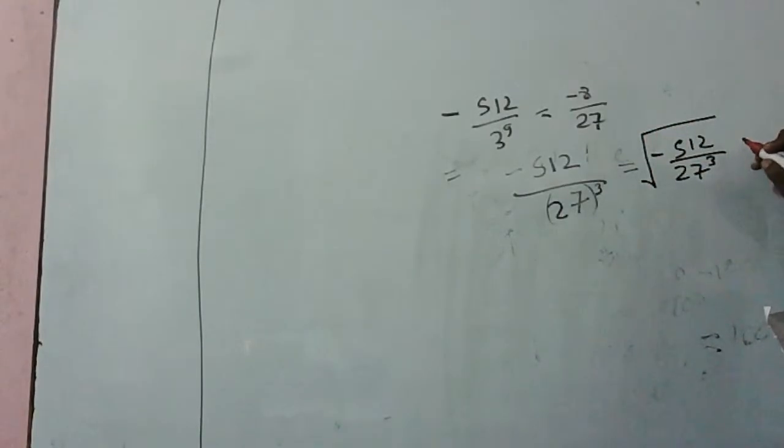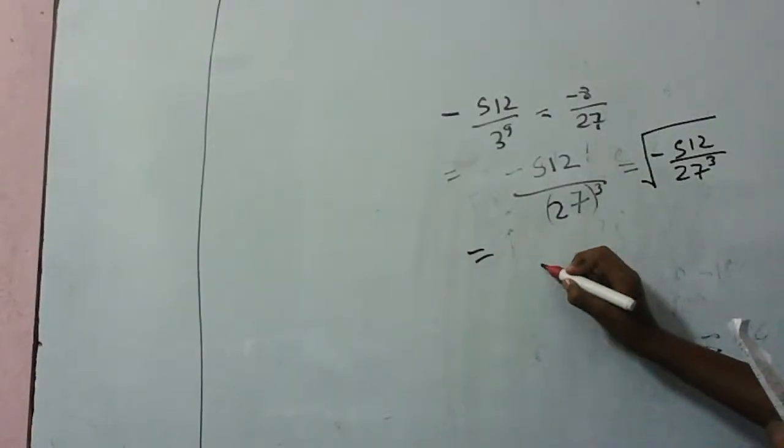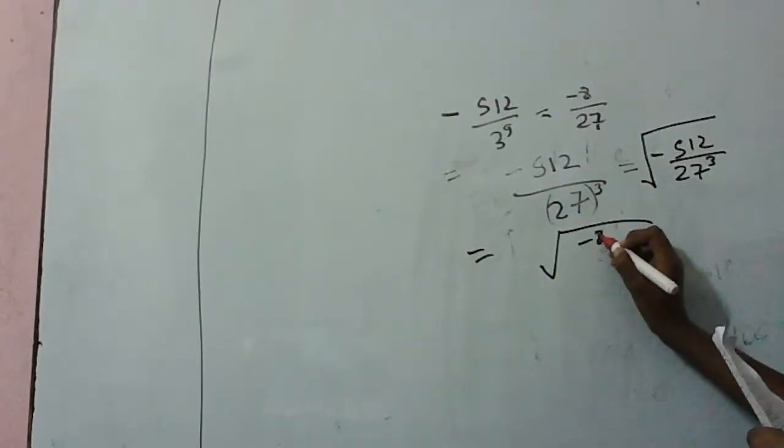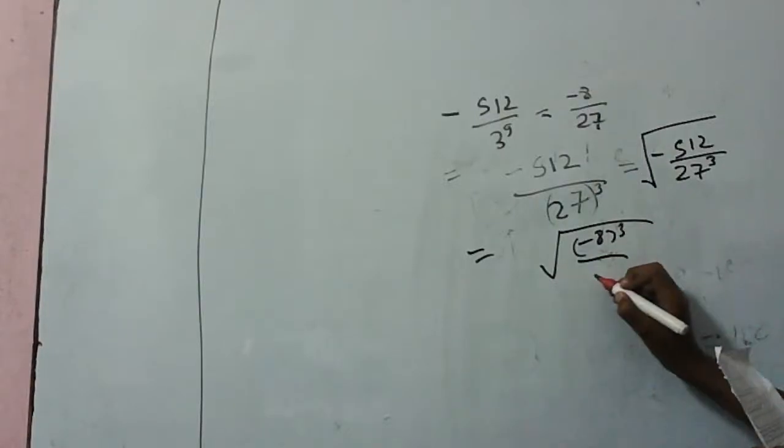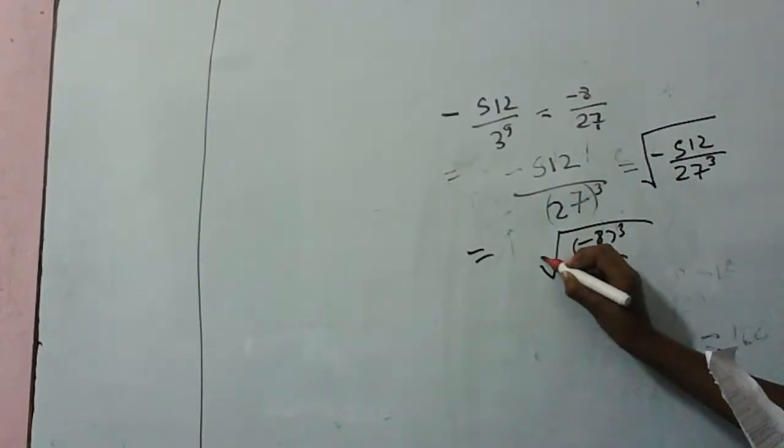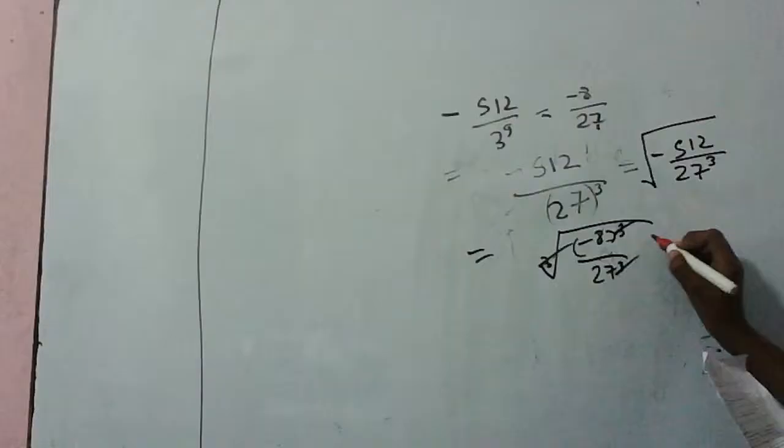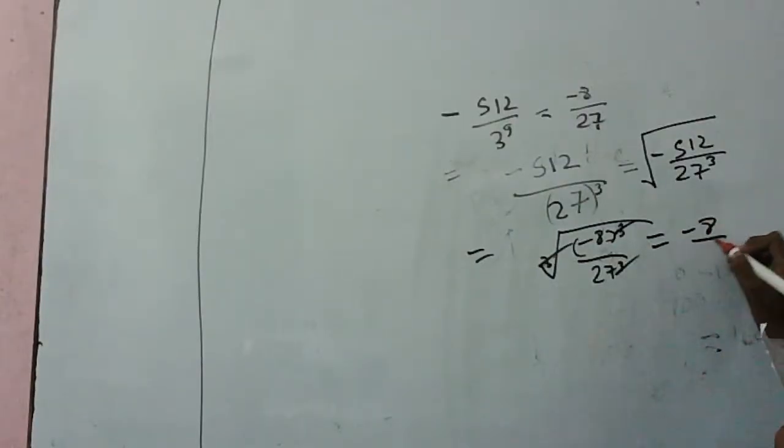Its cube root equals minus 8 cube and 27 cube. It will cut and equals minus 8 by 27. Therefore, assertion is true.